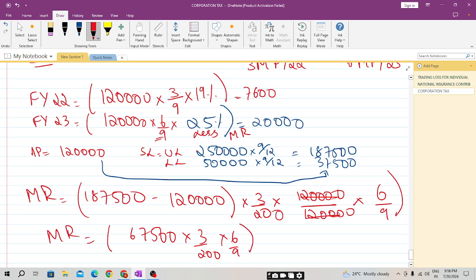It will be 675. So our corporation tax liability will be 19,325, and the total will be this plus this. I hope this question is clear to all of you, students.